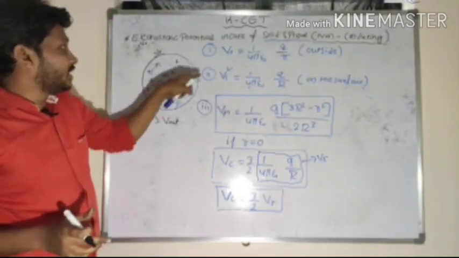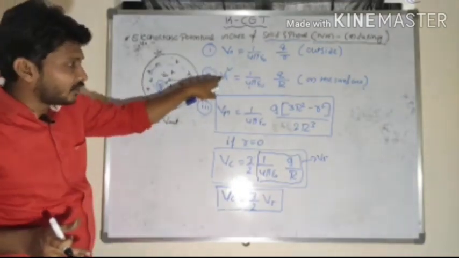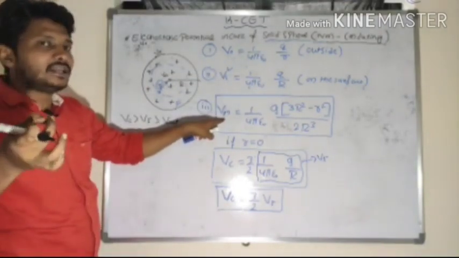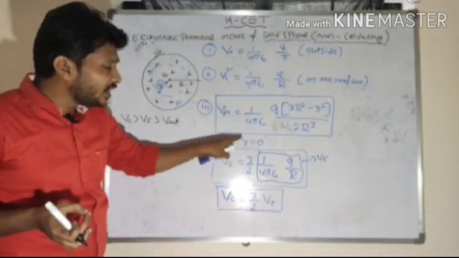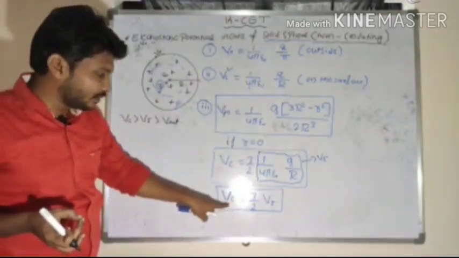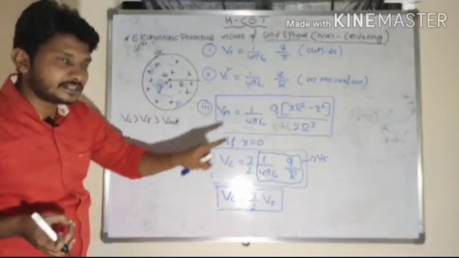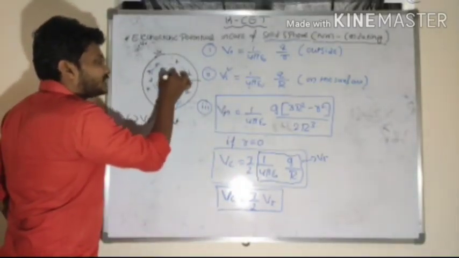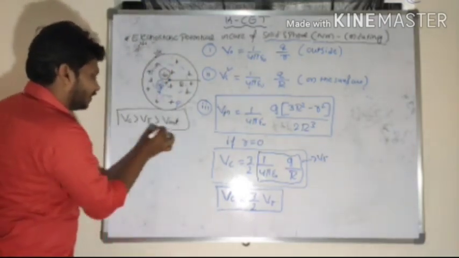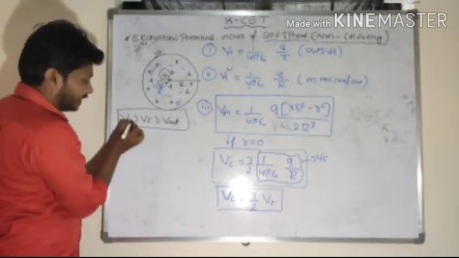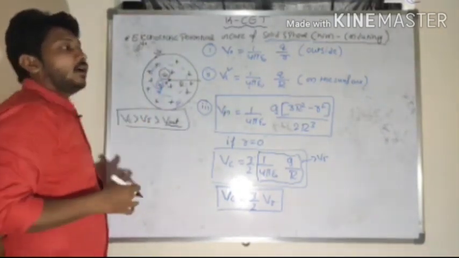In case of a solid non-conducting sphere, outside and on the surface have the same formula, but it has a different formula inside the sphere. Inside the sphere the formula is this one, and at the center R is equal to 0. Finally I got that V of C is equal to 3 by 2 into V of S. It means the potential is maximum at the center compared to the surface and outside, with the least value outside the surface.